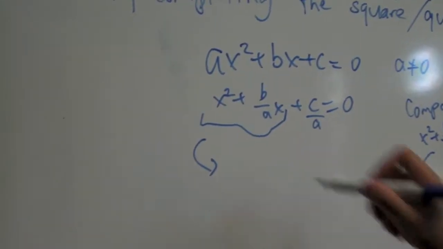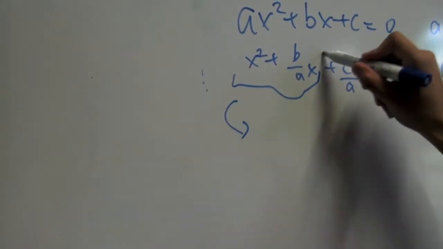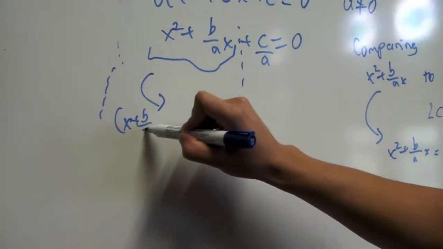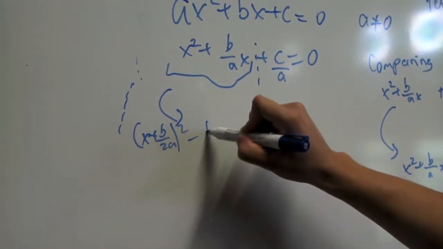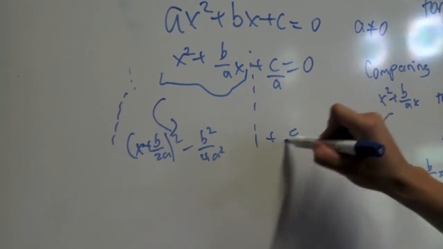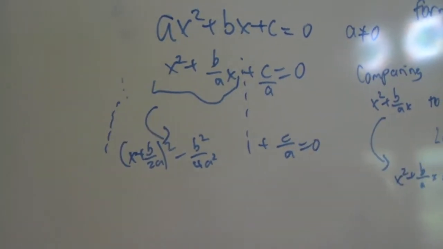That becomes this: x plus b on 2a squared minus b squared on 4a squared plus c on a equals 0.